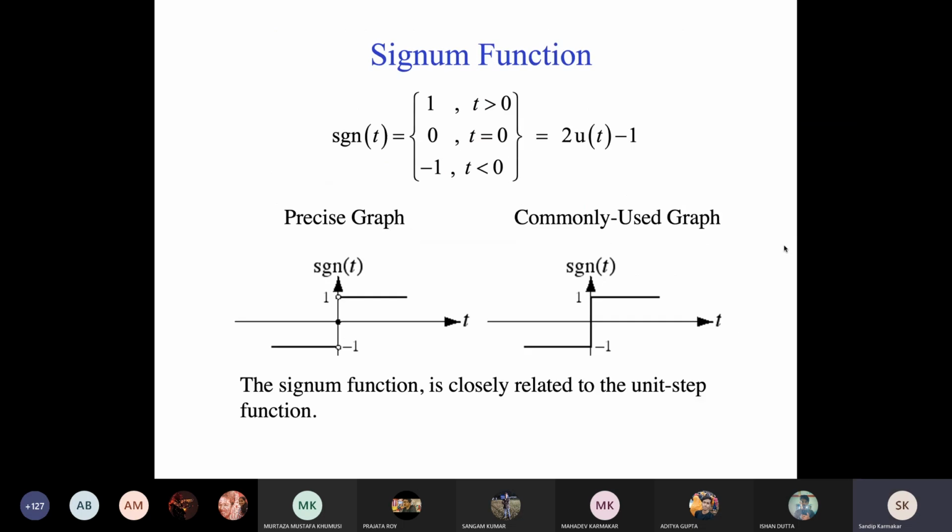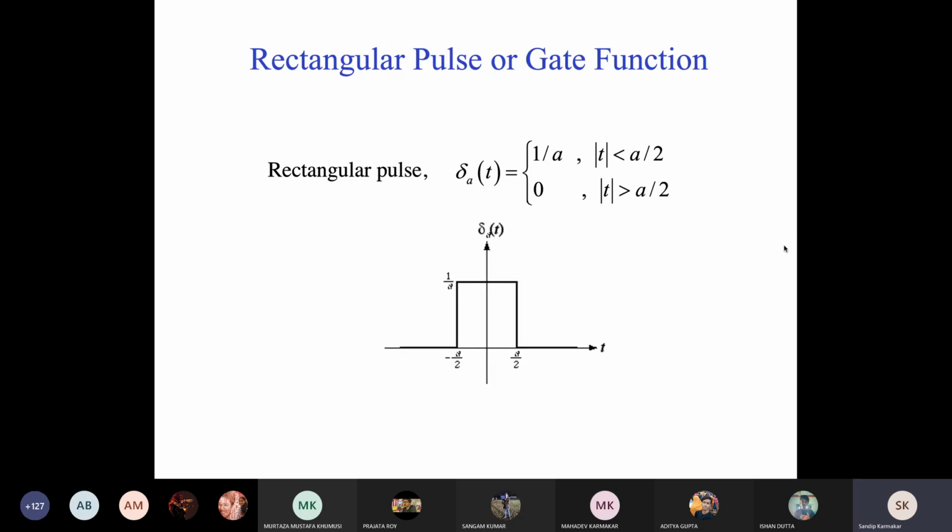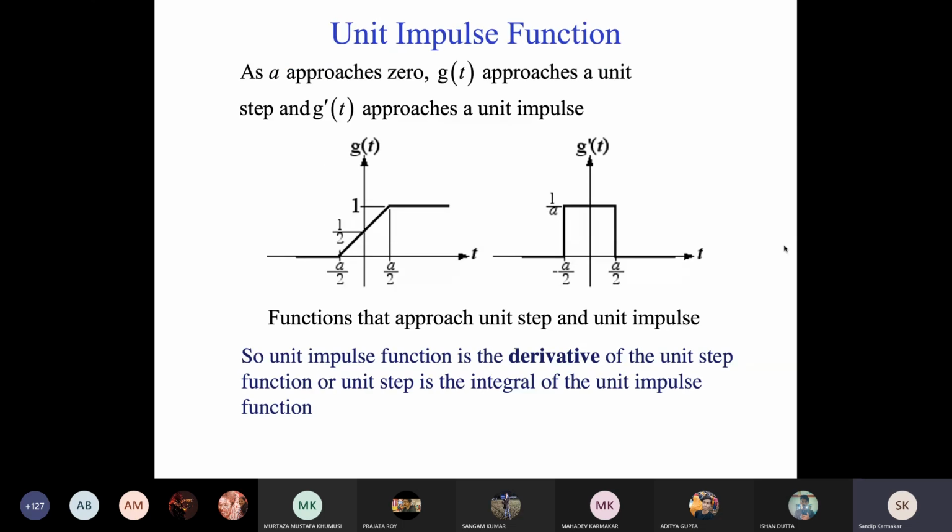The unit step function we have seen, the signum function, the unit ramp function, and the rectangular pulse or gate function. The unit impulse function we have seen arises when a tends to 0 in the case of the triangle function or the rectangle function.